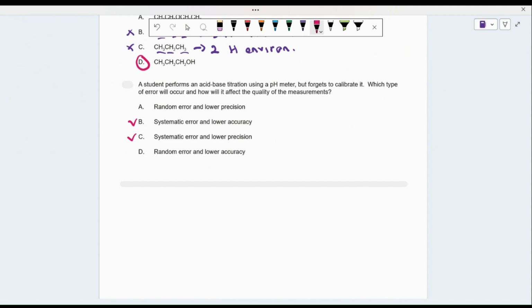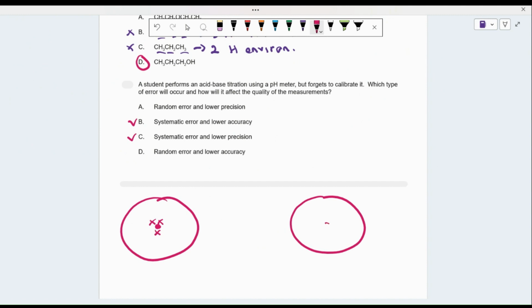Just to illustrate the difference between precision and accuracy, if this is the true value, this would be accurate. If this is the true value again, and we get this, that would be precise. So this is low accuracy, high precision.